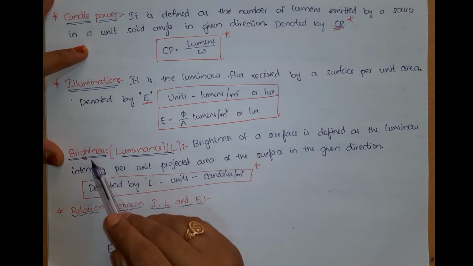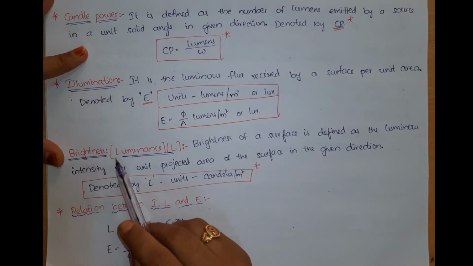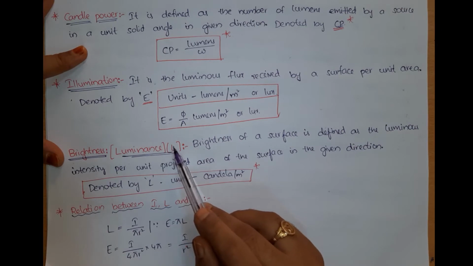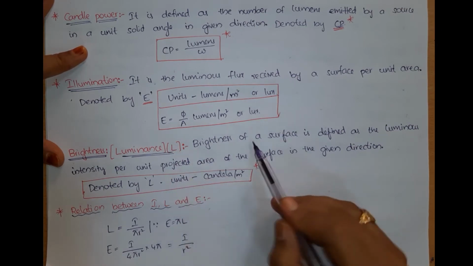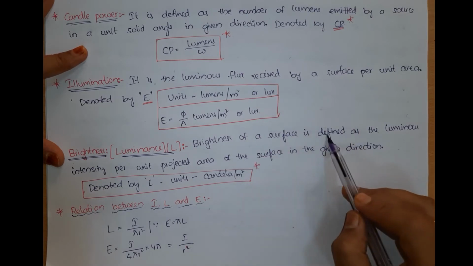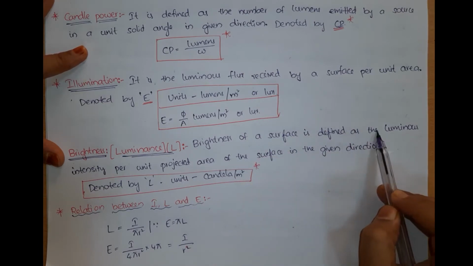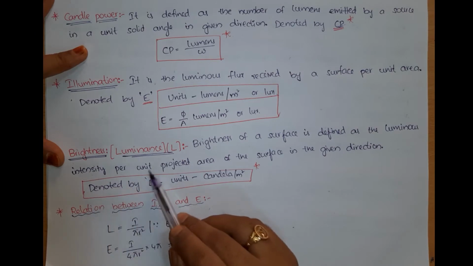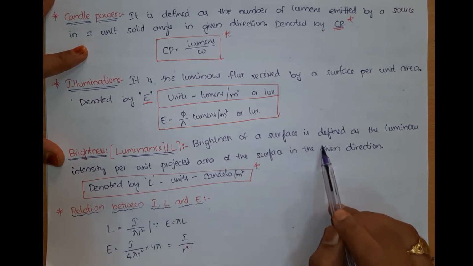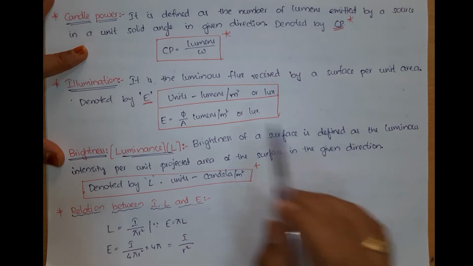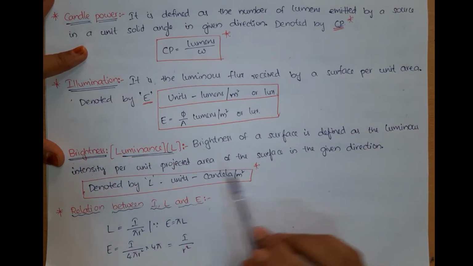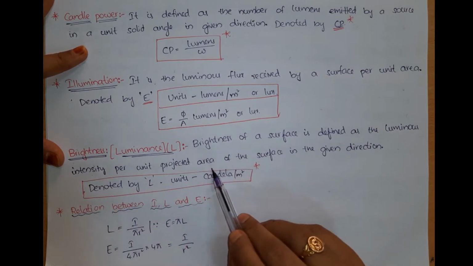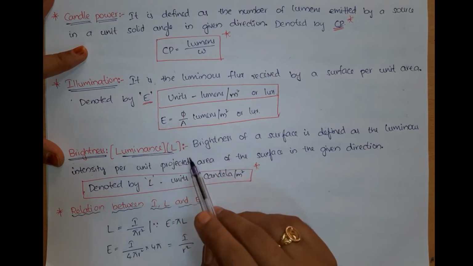Next, brightness. Brightness is also called luminance and is denoted by capital L. Brightness of a surface is defined as the luminous intensity per unit projected area of the surface in the given direction. Luminous flux received per unit area is called illumination, but brightness is luminous intensity per unit area. Here there is a lot of difference.